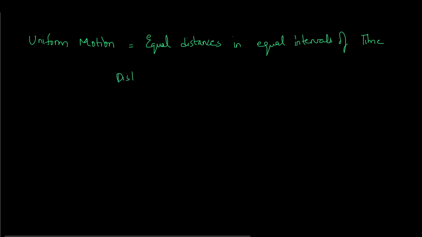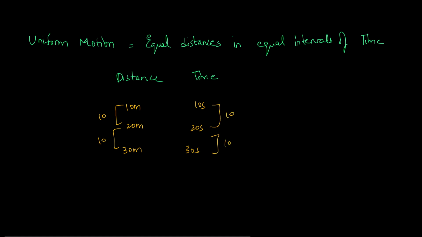Suppose I have a table of distance and time. The distance covered is 10 meters, 20 meters, 30 meters, and the time period is also 10 seconds, 20 seconds, 30 seconds. As I said, equal distances: the difference between them is 10, again the difference is 10. Equal intervals of time: again the difference between them is 10.